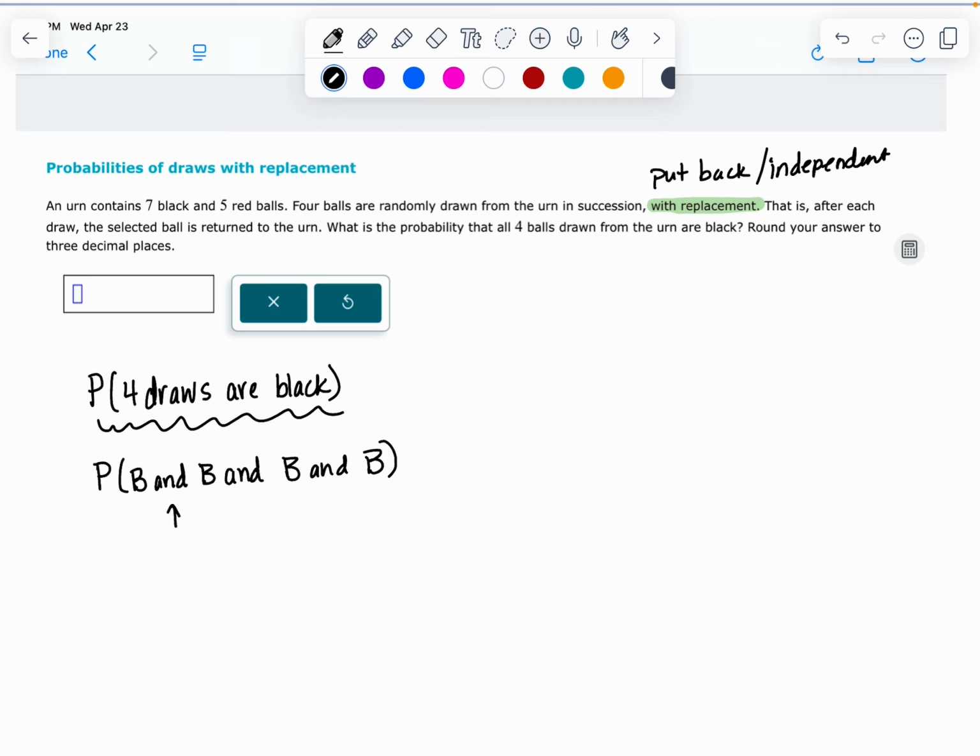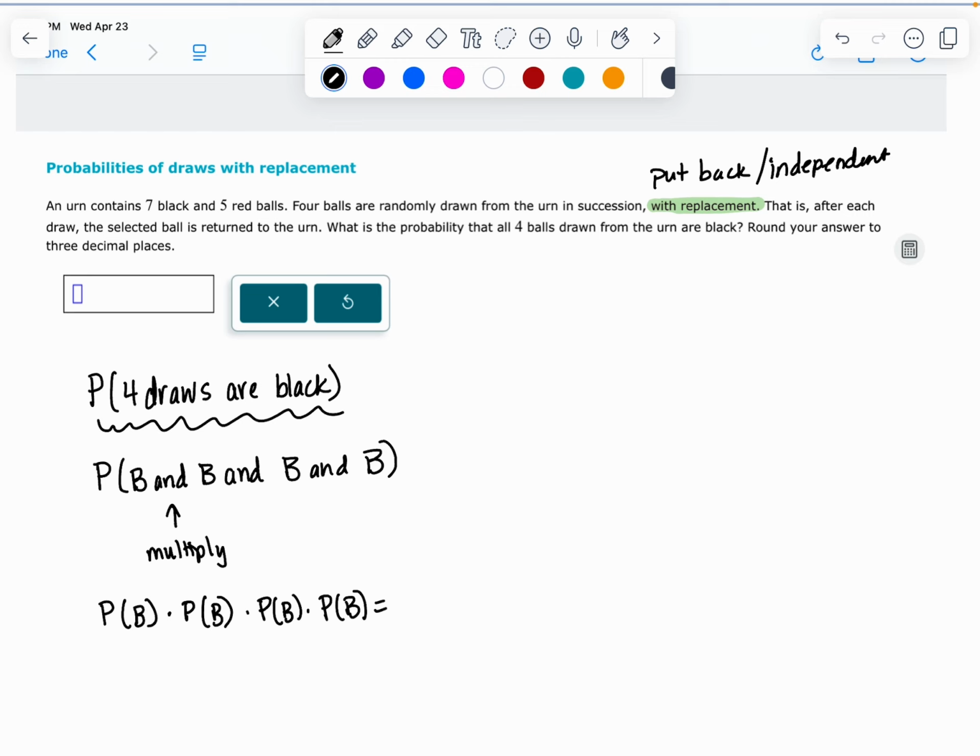And when you see an and, this means you multiply our probabilities, right? So you'd say the probability of a black times the probability of a black times the probability of a black times the probability of a black. That's what we're looking for, okay?